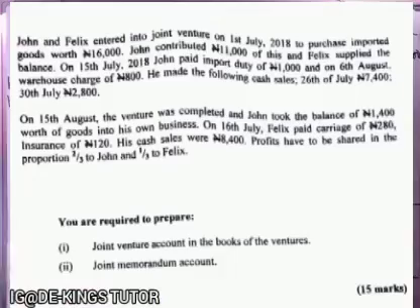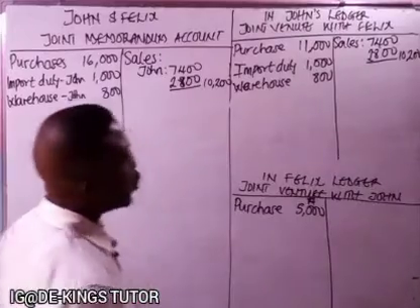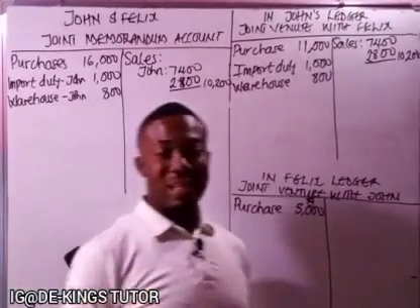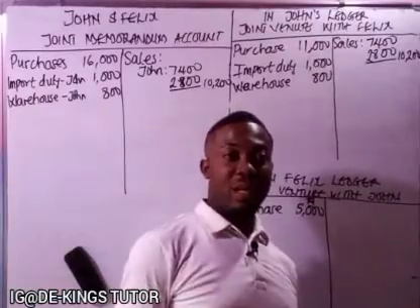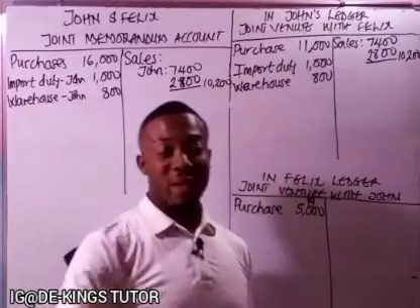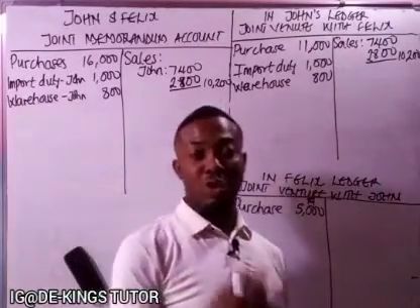Okay, now the next question also said on 15th August the venture was completed and John took the balance of 1,400 worth of goods into his own business. So we said when goods are taken over by the co-venturers, we'll credit the account and also credit the joint memorandum.